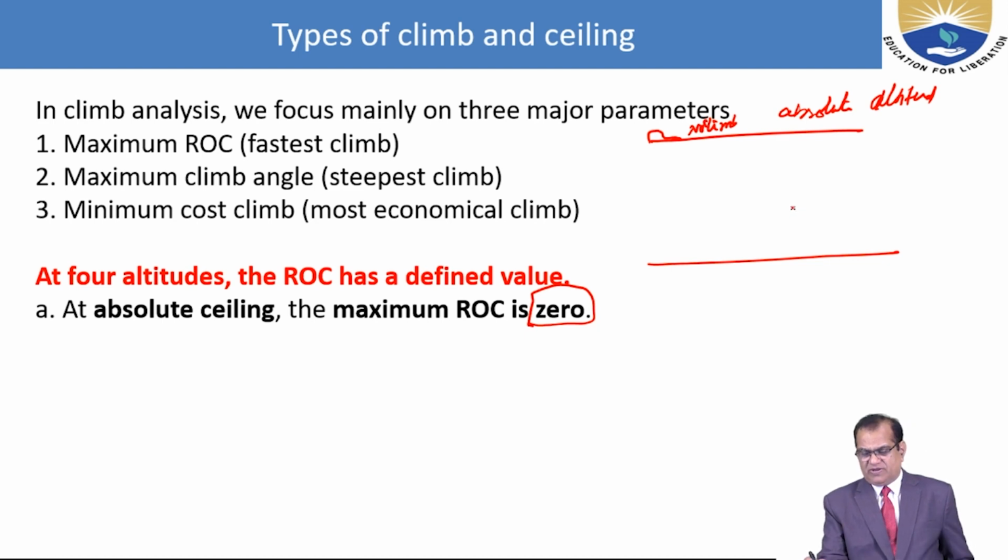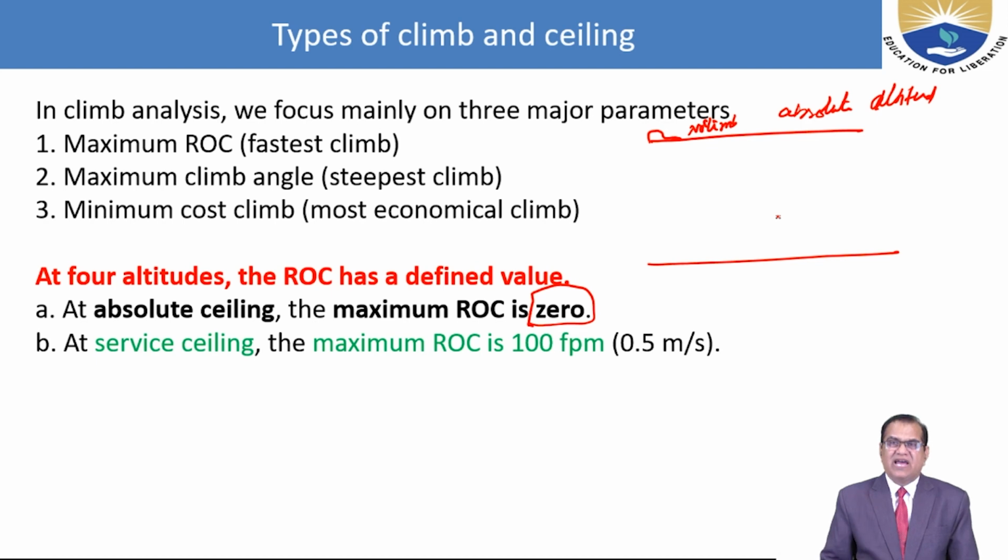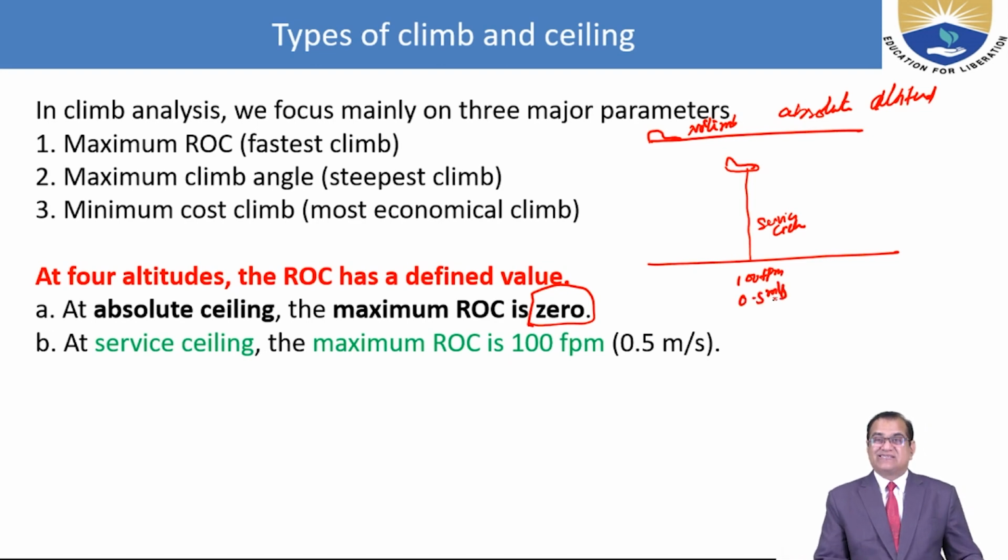The aircraft will not climb. That is called the absolute ceiling. At service ceiling, below this, somewhere, this is the service ceiling. Here you will have a rate of climb of 100 feet per minute or 0.5 meter per second. That is called the service ceiling.